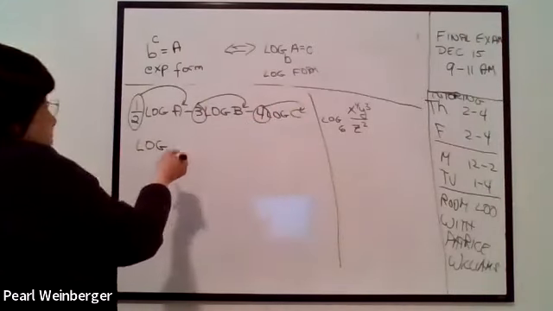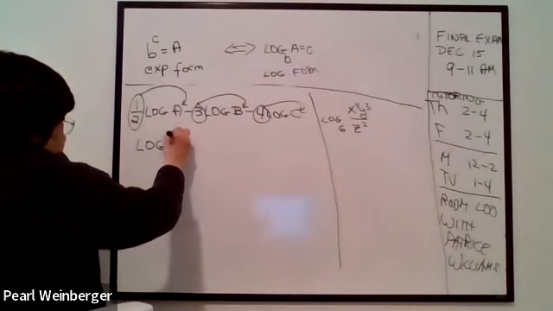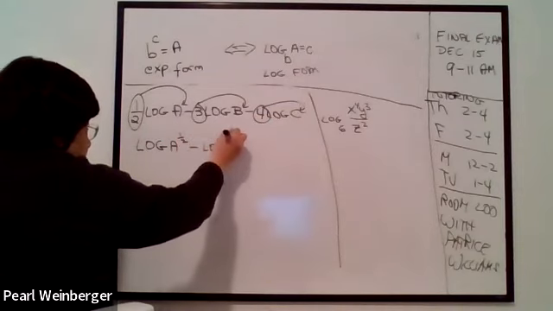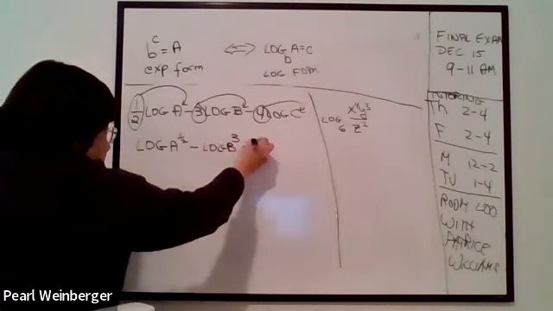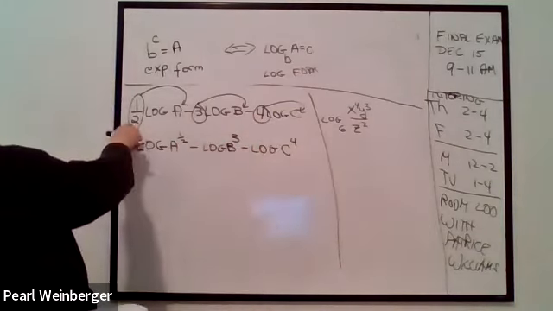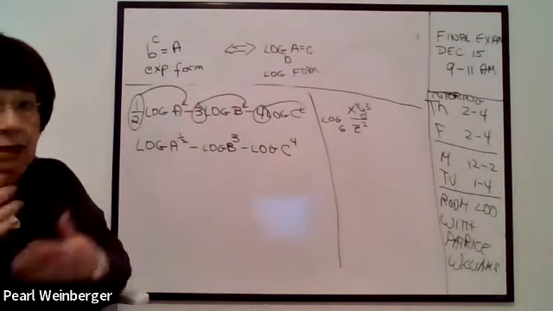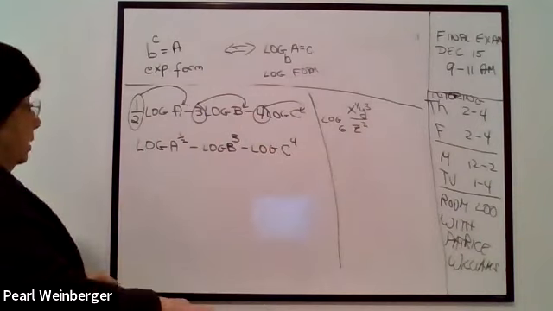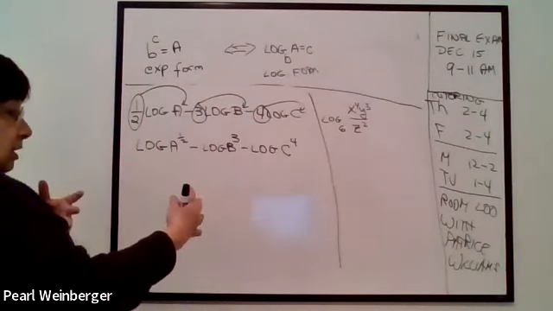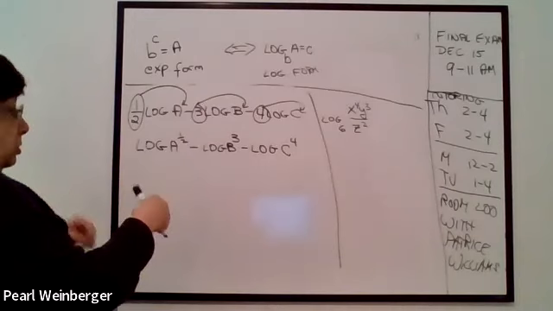So I'm going to rewrite this: log A to the 1/2 minus log B to the 3rd minus log C to the 4th. In other words, each of the coefficients originally must have been an exponent. I'm making them back into the exponent. And now I can change the adding and subtraction to multiplication and division.